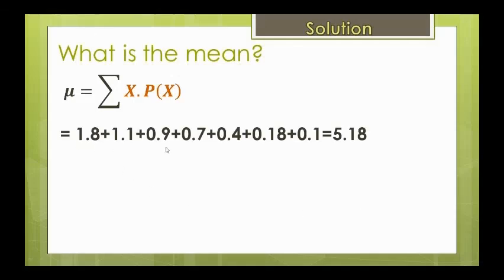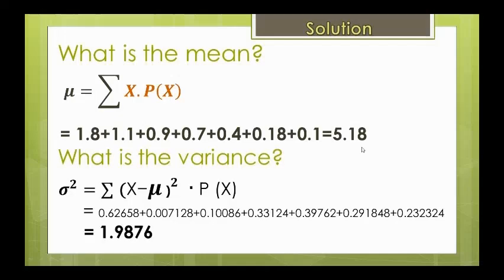So i-add lang natin lahat ng values from the third column ng table natin. Then we have 5.18. That is our mean. So what is the variance? The variance is only the summation of the sixth column. I-add rin natin lahat ng values doon sa sixth column natin. That is now our value for the variance, which is 1.9876.